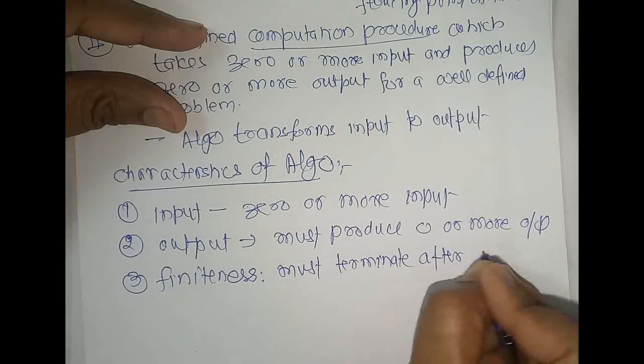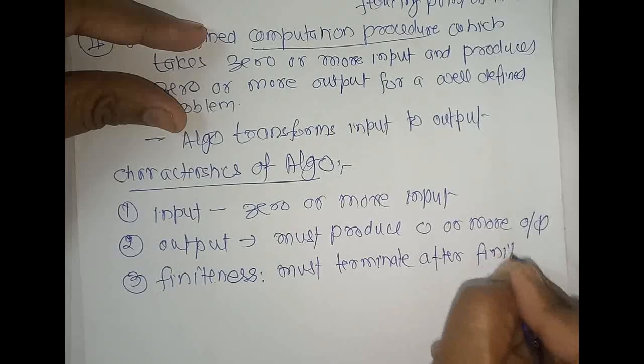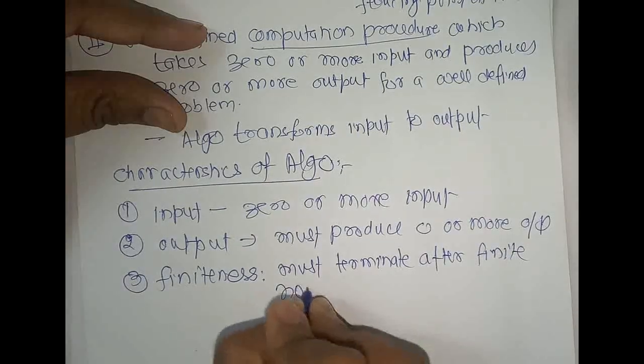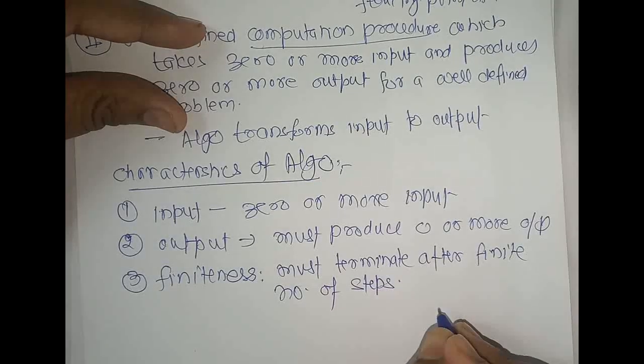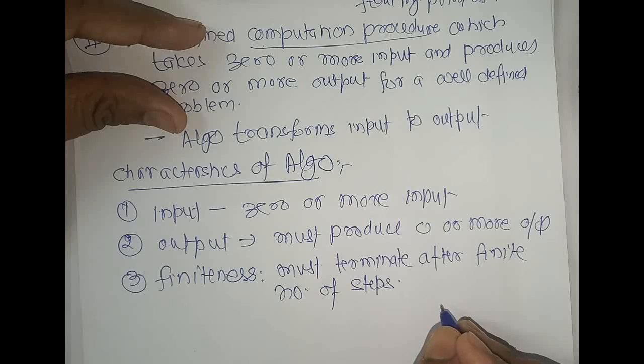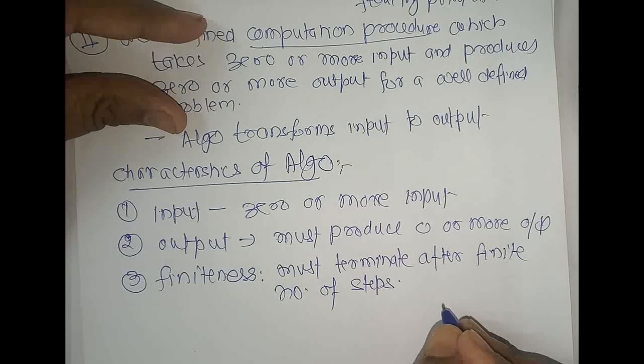No algorithm should run indefinitely, because we cannot get the output, or we cannot define things which are indefinite in computer programming or in the computer system. So for each algorithm the steps must terminate after a finite amount of time.